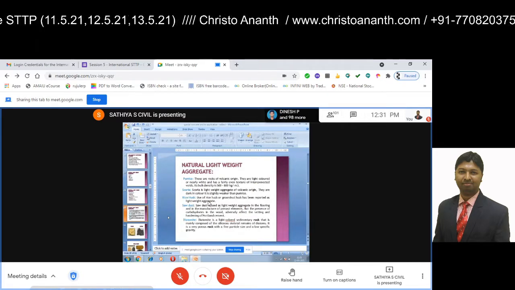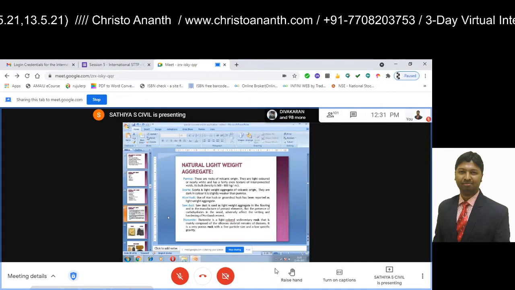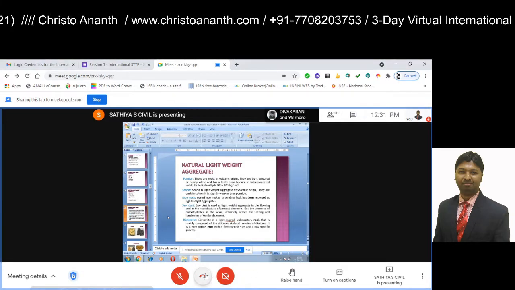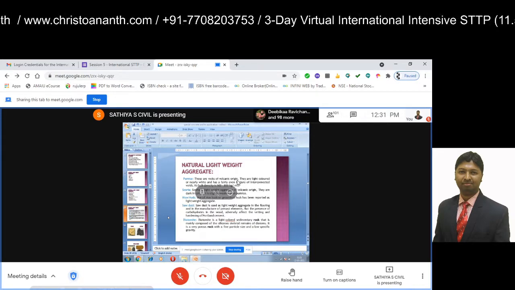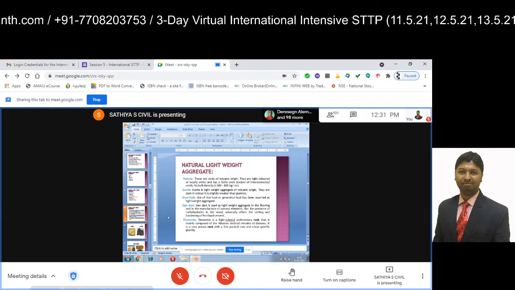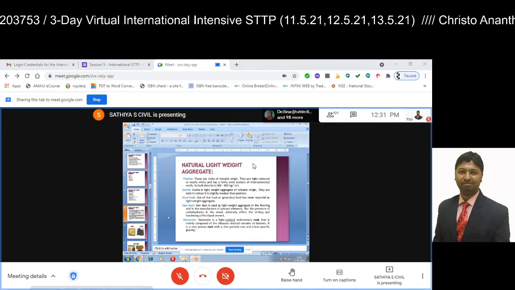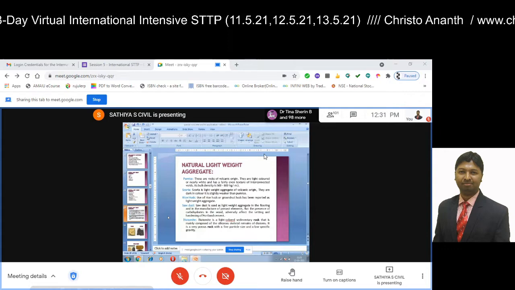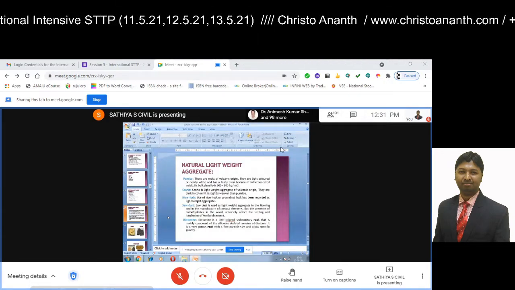Then rices. It is also a waste material. The use of rices or groundnut husk has been reported as lightweight aggregate. Then sawdust. Sawdust is used as lightweight aggregate in flooring and in the manufacture of precast elements, but the presence of carbohydrates in the wood adversely affects the setting and hardening of Portland cement. Then diatomite.